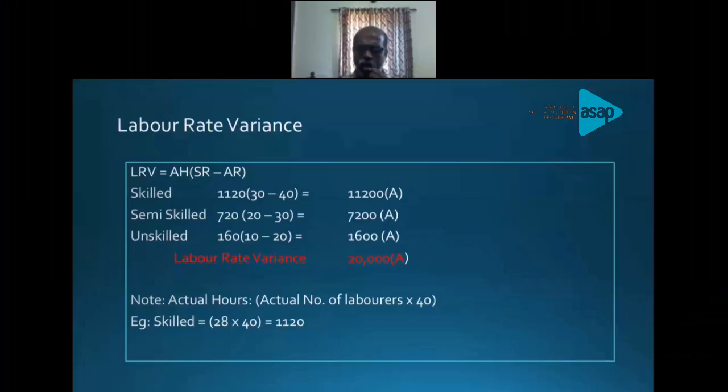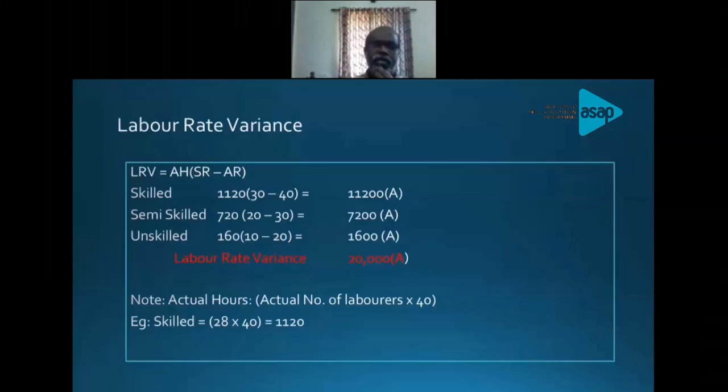Unskilled workers, actual hours is 160. How did we get it? Actual number of unskilled workers 4, hours in the week 40, so 40 into 4 is 160. Their standard wage rate was 10, but we paid at the rate of 20, more than the standard. The variance is adverse.